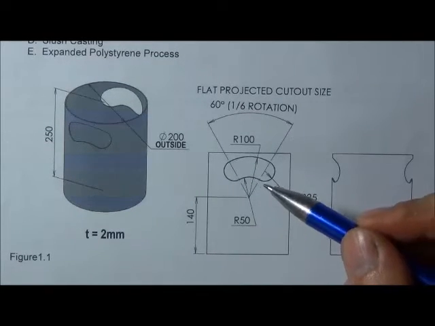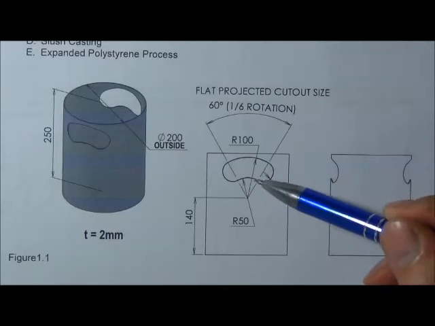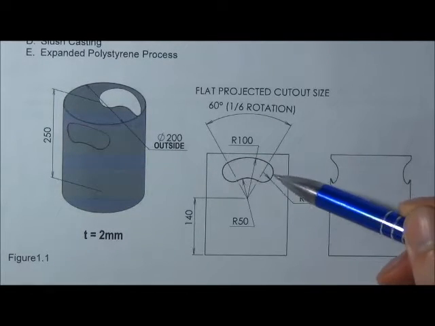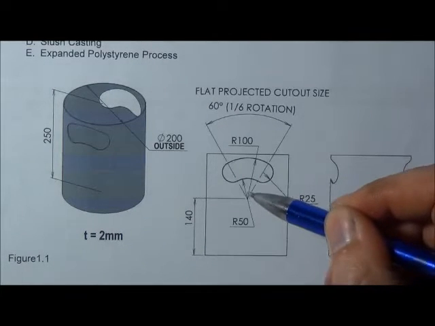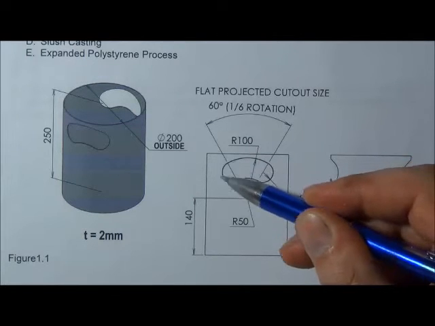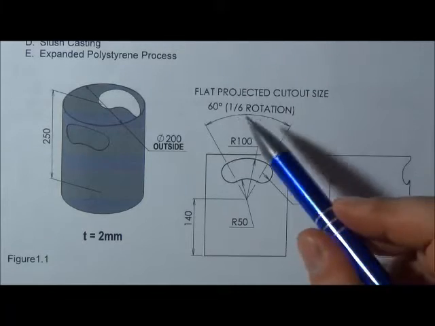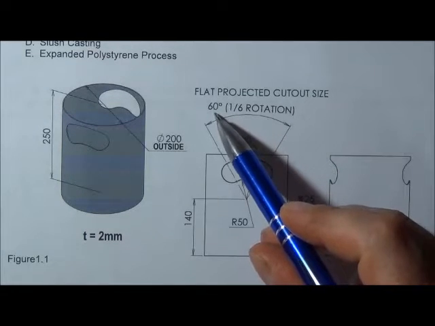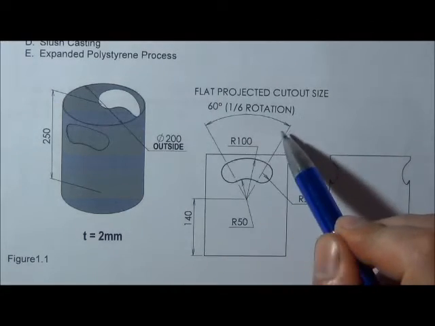Over here we are given the dimensions for this hole, for the handle part. So it has an inside radius of 50, the bigger radius is 100, and on the ends we have two radii of 25, and we're given 60-degree or 1/6 rotation over there.